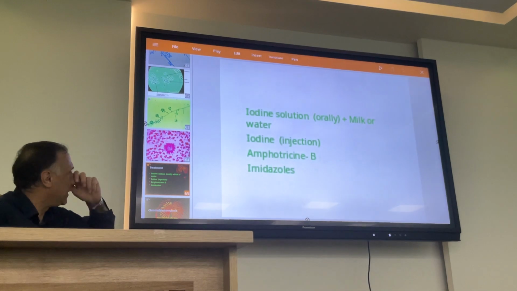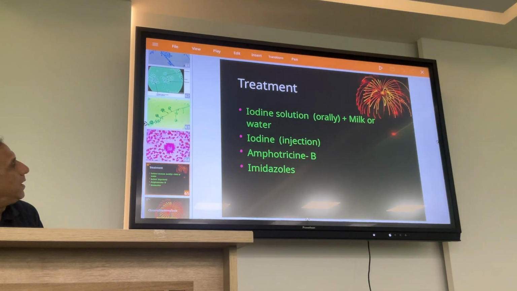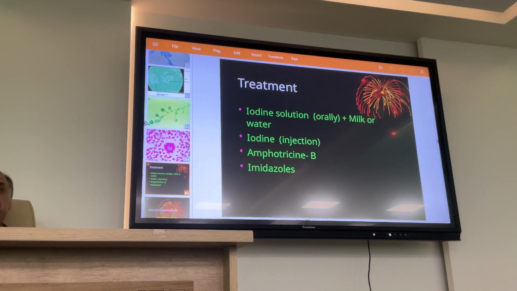Treatment. In this infection, if you have a correct diagnosis, the treatment is good compared to mycetoma. Mycetoma treatment is not good. But in this infection, you must have a correct diagnosis because we have many disorders that show similar clinical signs.